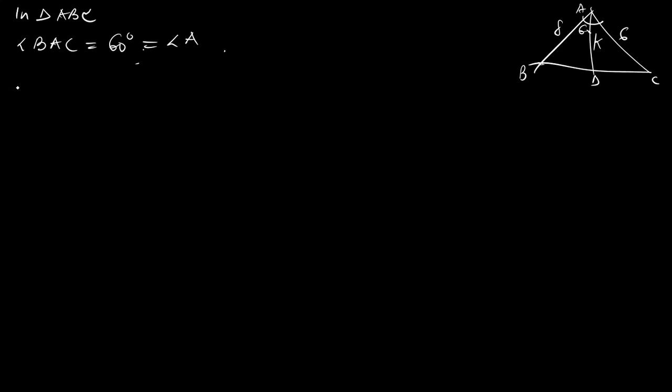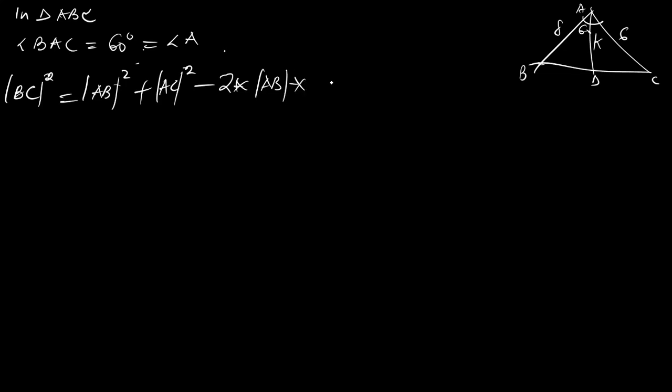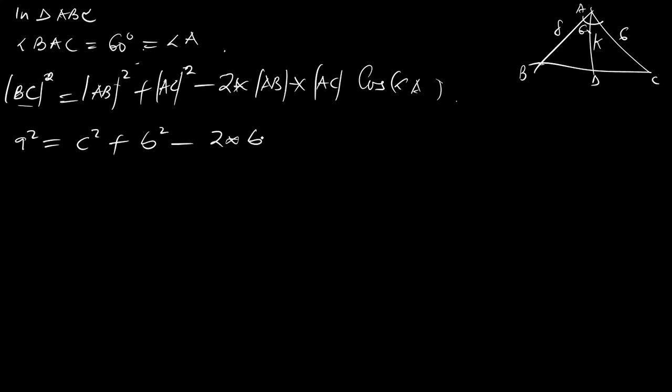Now let's look for side BC. Side BC square is equal to AB square plus AC square minus 2 times AB times AC cos angle A, which I can also write in this form: A square is equal to C square plus B square minus 2 times BC cos A. So A square will now be C square.